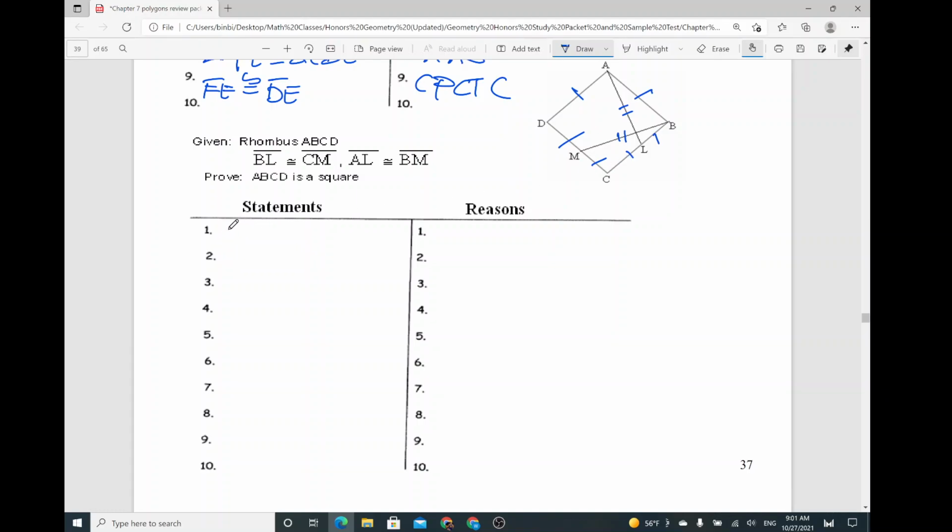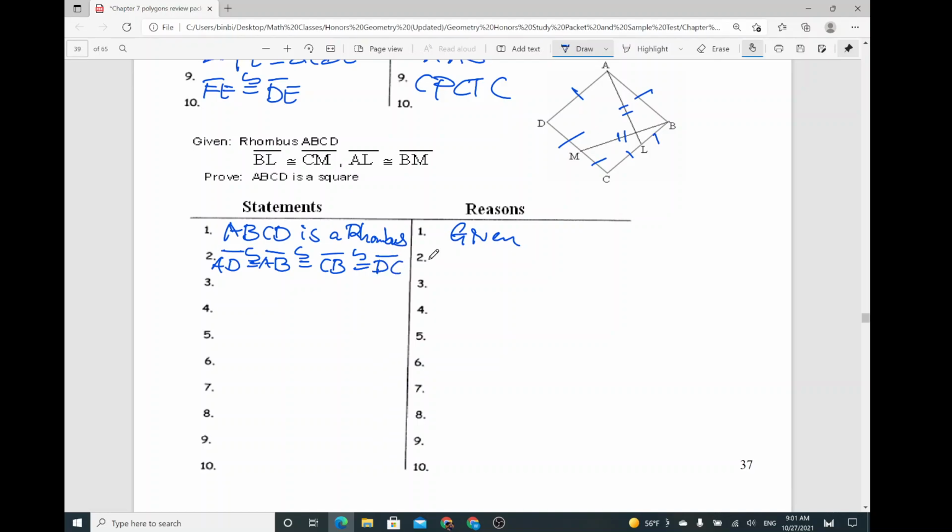So if that's a rhombus, so ABCD is a rhombus. Basically this one tells you that all those four sides are congruent already. So given statement, we can just say that segment AD is congruent to segment AB, and it's congruent to segment CB, and it's congruent to segment DC.